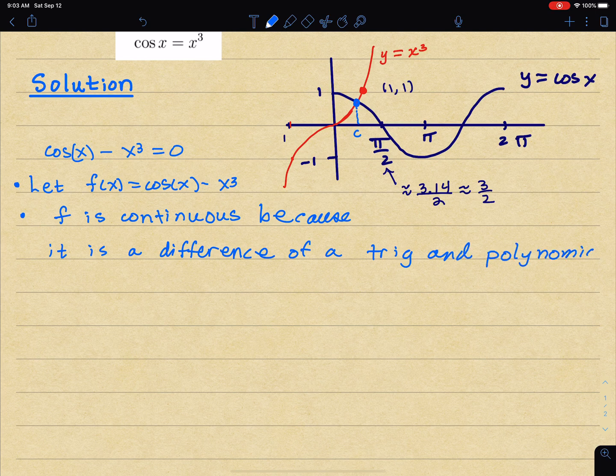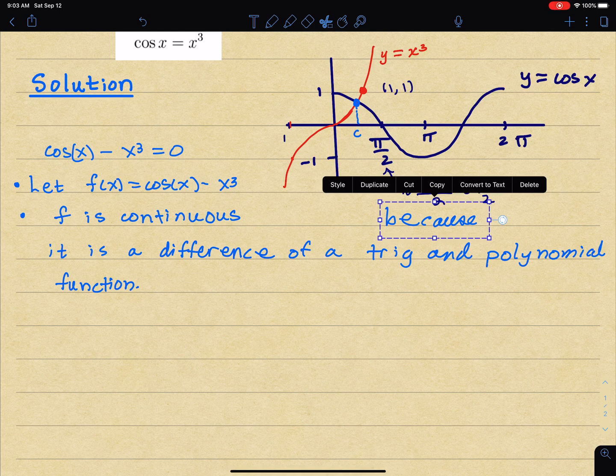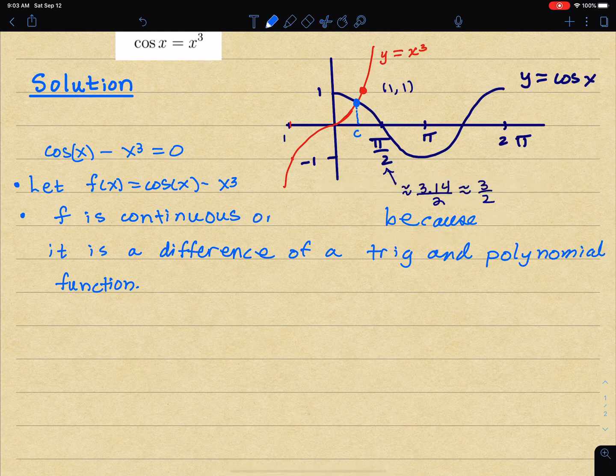The thing is that I'm going to use the intermediate value theorem, and the intermediate value theorem does not apply for functions that are not continuous. Moreover, it's not just that I'm going to say it's continuous for all real numbers. I will also pick an interval whose endpoints I can put in for x for this function f of x.